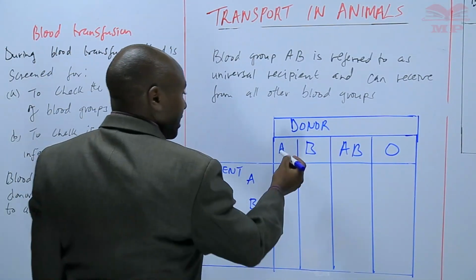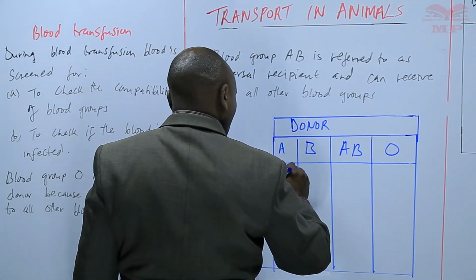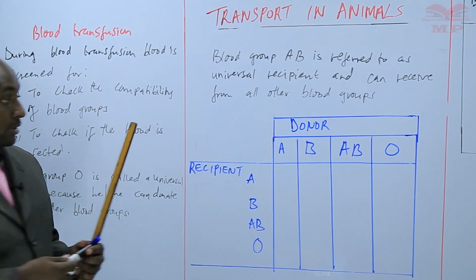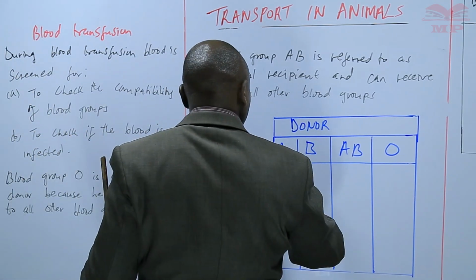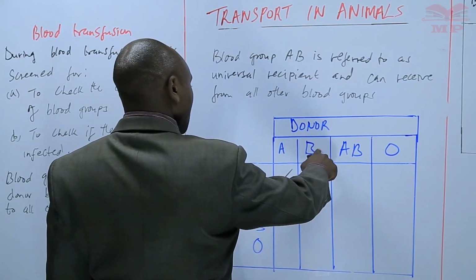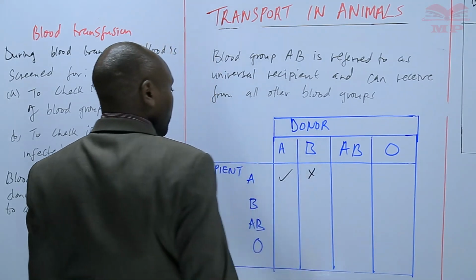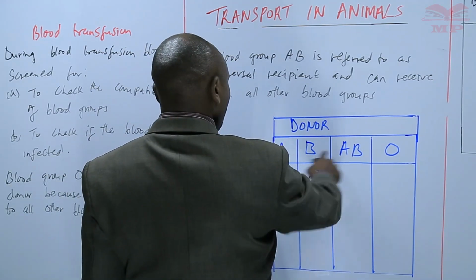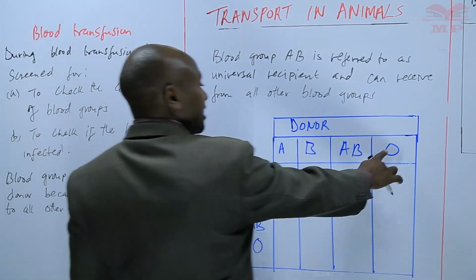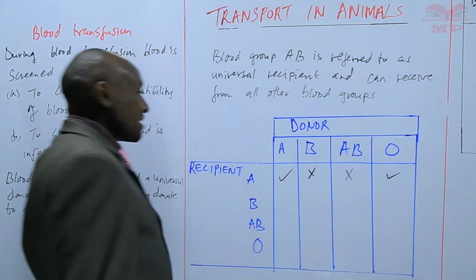So if the donor is blood group A and the recipient is A, so that blood is compatible, so we put a tick. If the blood group is B, donor, A, recipient, that one is not compatible. If the donor is AB, donating to A, that one is not compatible. But if the donor is O, donating to A, that is compatible. Remember, O is a universal donor.